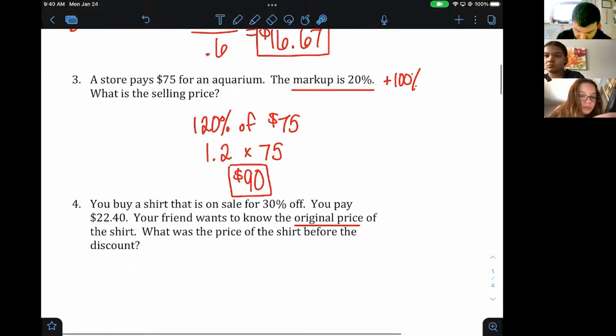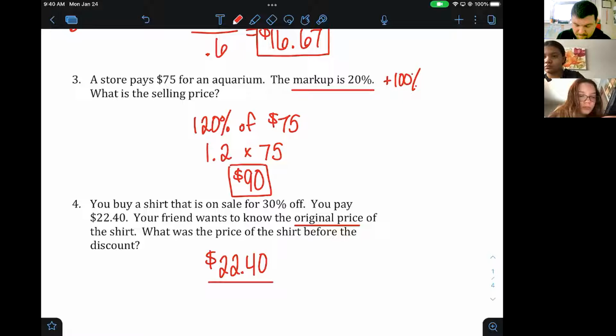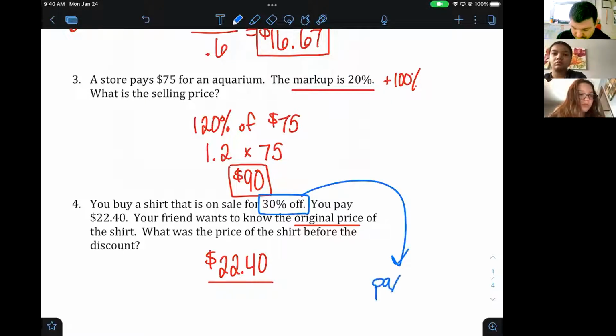And so what we'll do is we'll take the price that you paid for the shirt, which is $22.40, and we're going to divide it by the percent that we paid for it. So again, that's not 30%. It's 30% away from 100%. So if it was 30% off, who can tell me what percent we paid for it then?